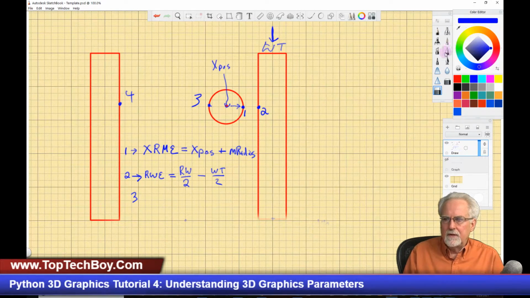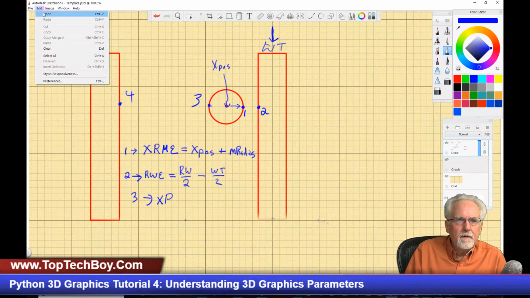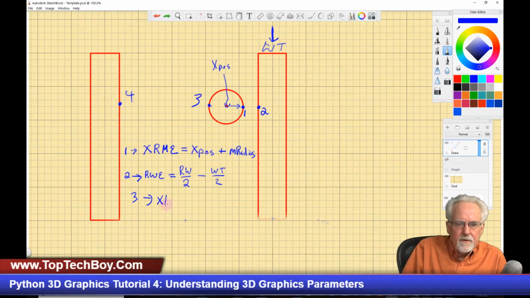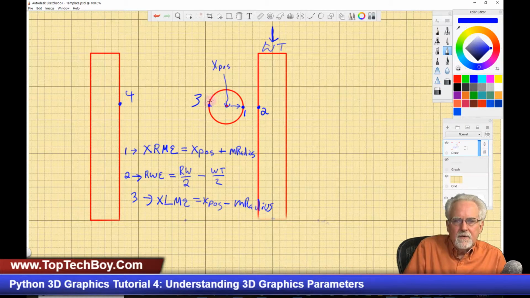So this is position 3, and position 3 is just going to be the x value of the left marble edge. X left marble edge is going to be x position, but this time it's minus m radius. So this position is x position minus the radius.